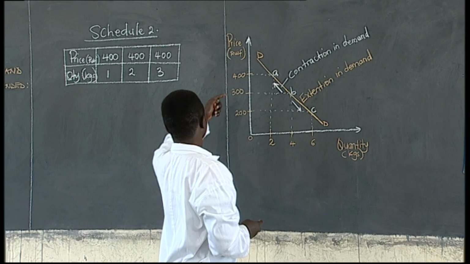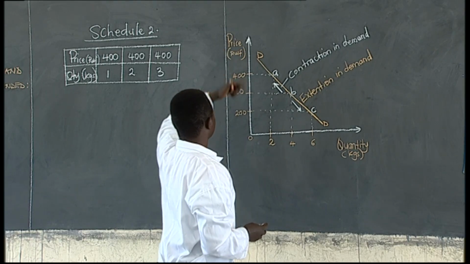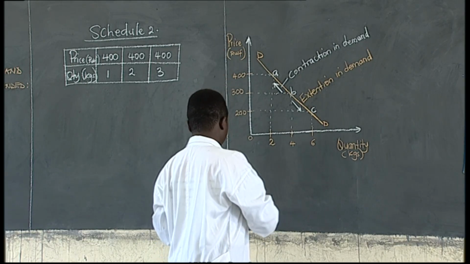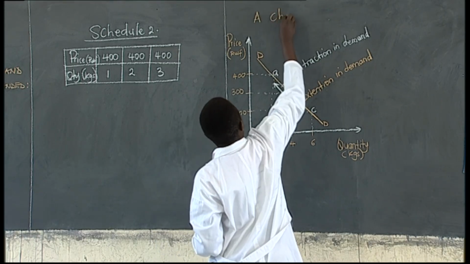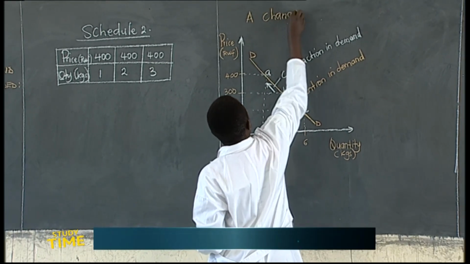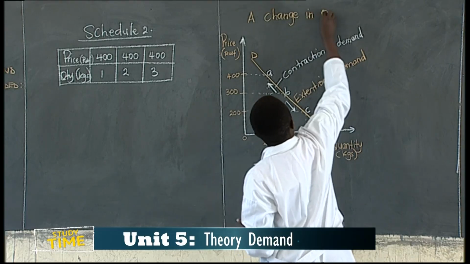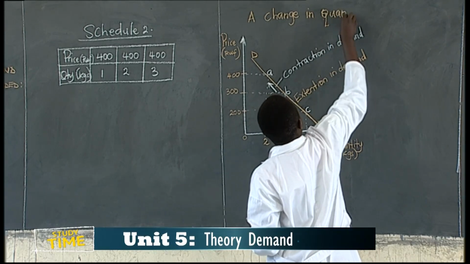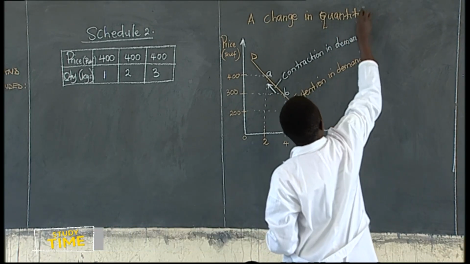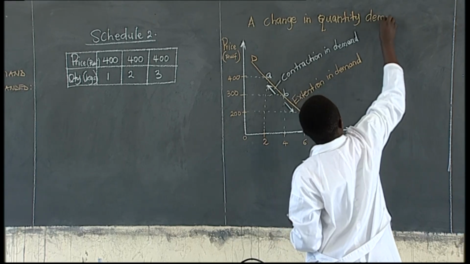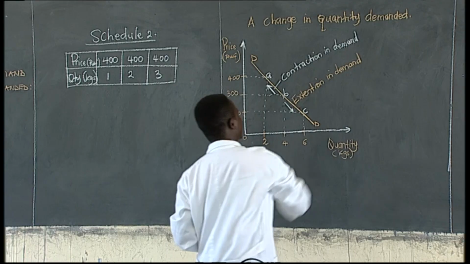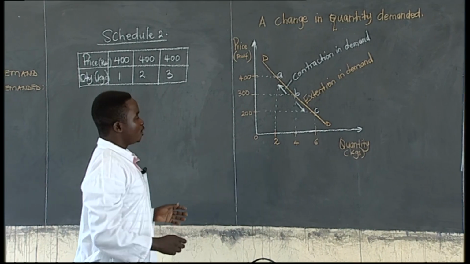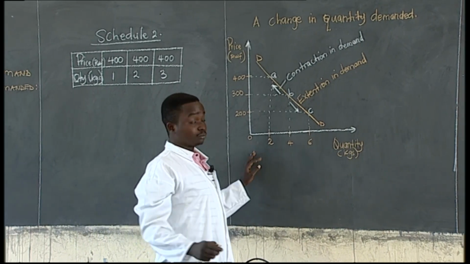So this illustrates a change in quantity demanded of our schedule 1. You have to notice one thing here: all other factors are assumed constant.